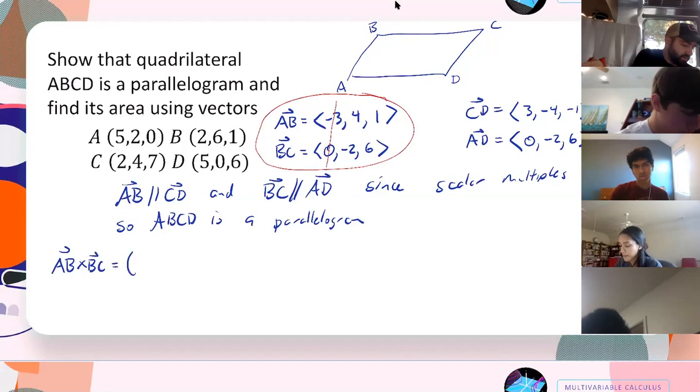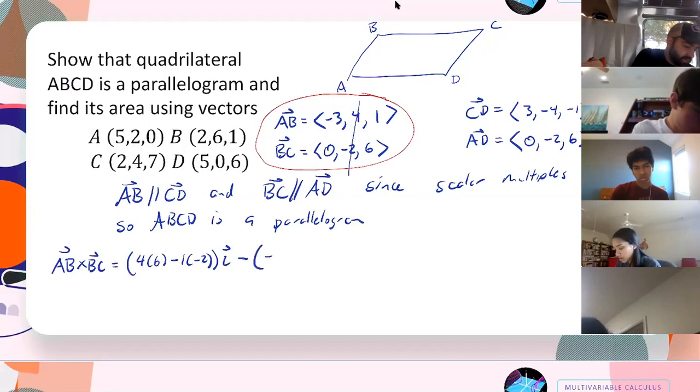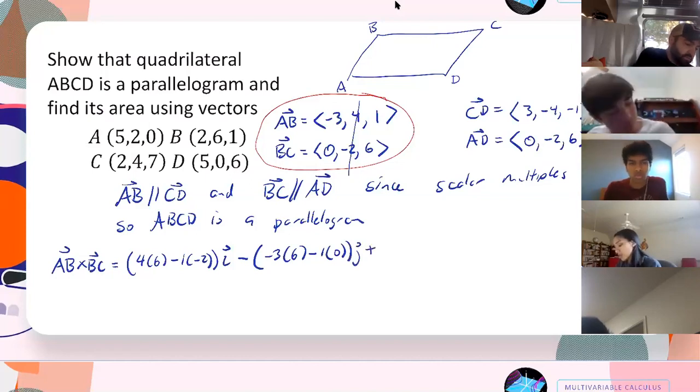So I'll have 4 times 6 minus 1 times -2, I. And then just move across. And I have a minus -3 times 6 minus 1 times 0, J. And then I just move across.